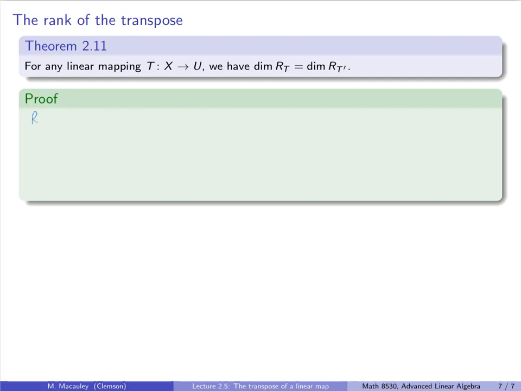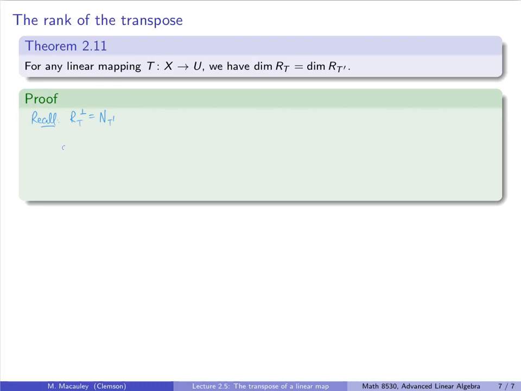So we just proved, on the previous slide, that the annihilator of the range of T is equal to the null space of the transpose. Now we have a fundamental result about annihilators, and that is the dimension of the annihilator of any subspace plus the dimension of the subspace adds up to the dimension of the space it lives in.